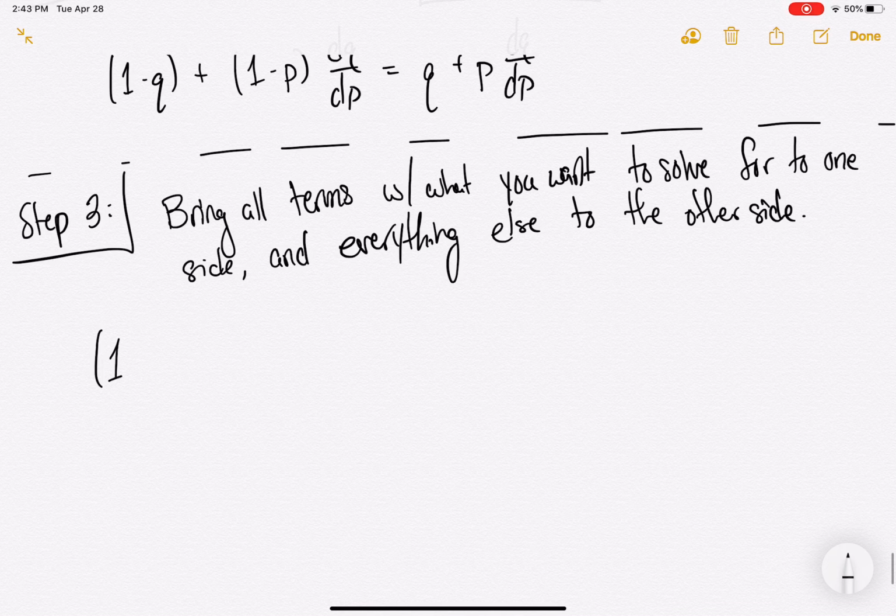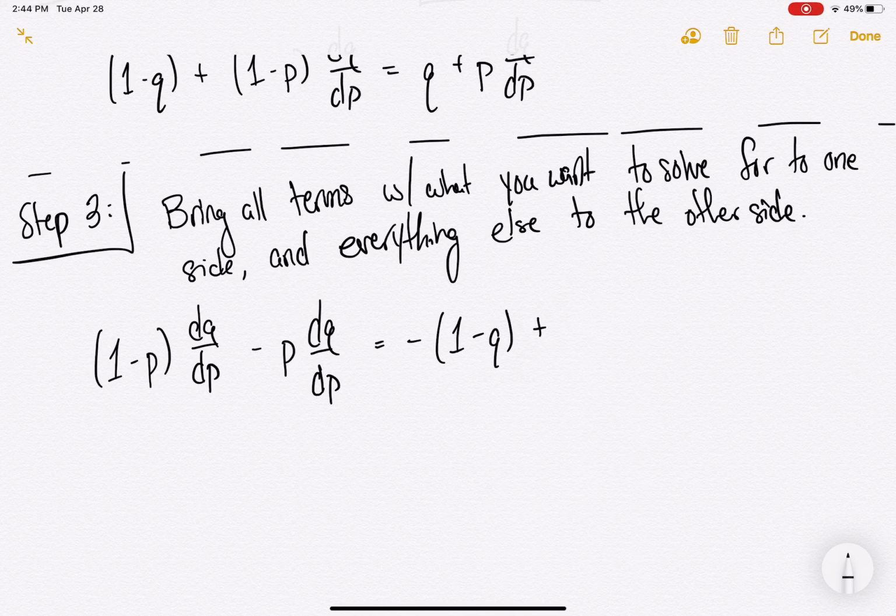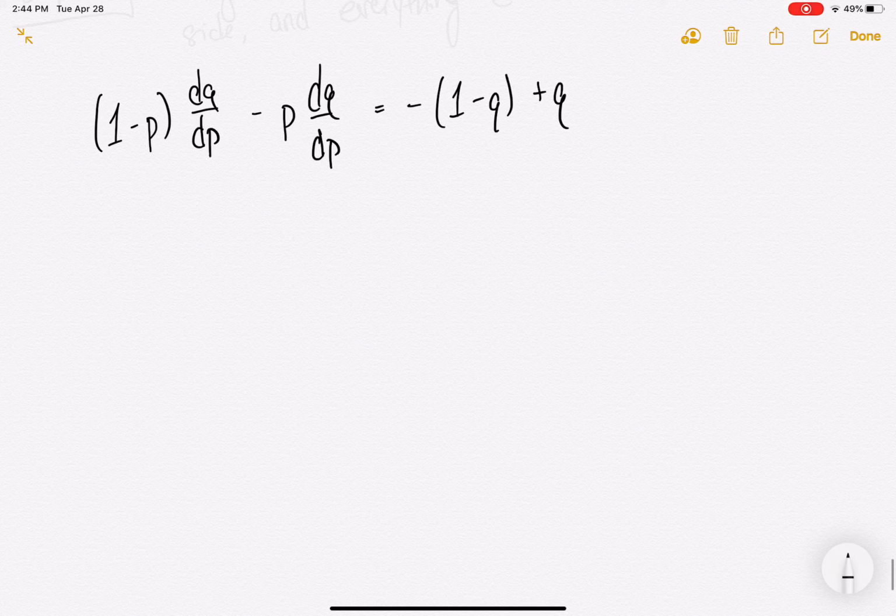So I have (1 minus P) dQ/dP, and then I'm bringing over the P term on the right-hand side, so that's a minus P dQ/dP, equals negative (1 minus Q) plus Q. Really, this is (1 minus 2P) dQ/dP, and this equals negative 1 plus Q plus Q, which is 2Q minus 1.